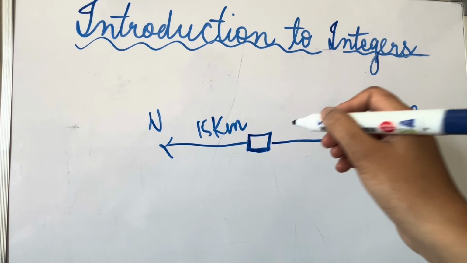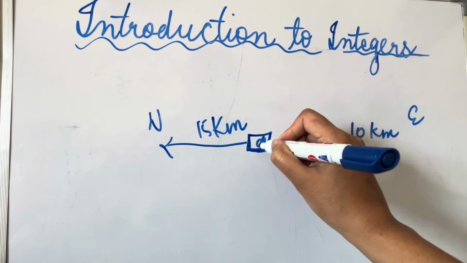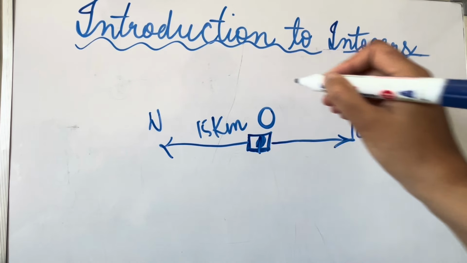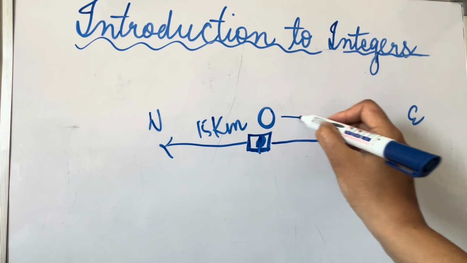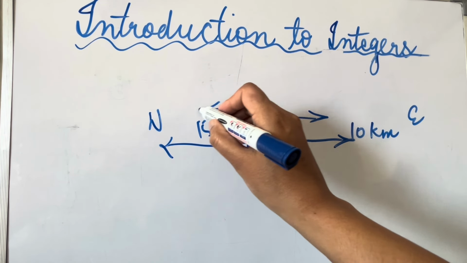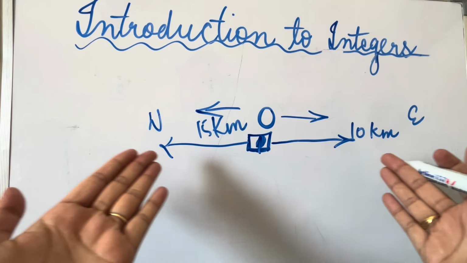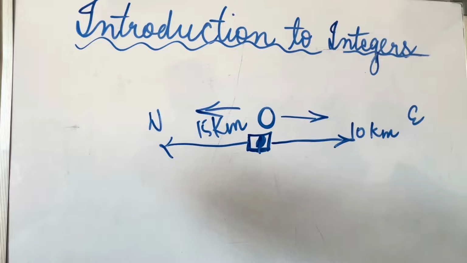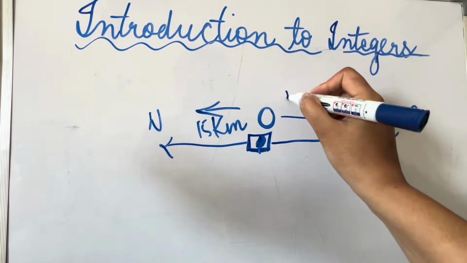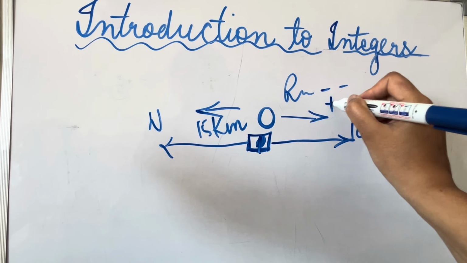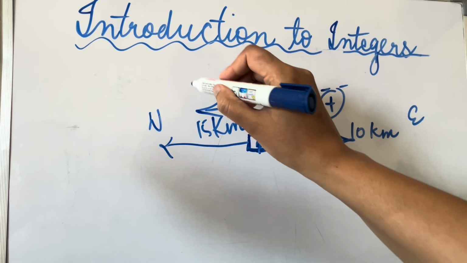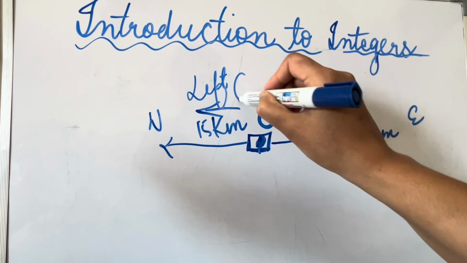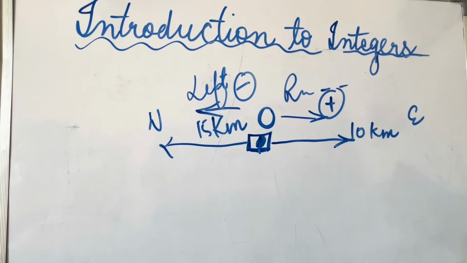Now if they both started from this position, we will take it as 0. One person is going in one direction, the other is going in the opposite direction. It means both are traveling distances but in opposite directions. So how we will represent their directions is, when the person is going to the right side, it will be taken as positive. When the person is going to the left side, it will be taken as negative, opposite to each other.